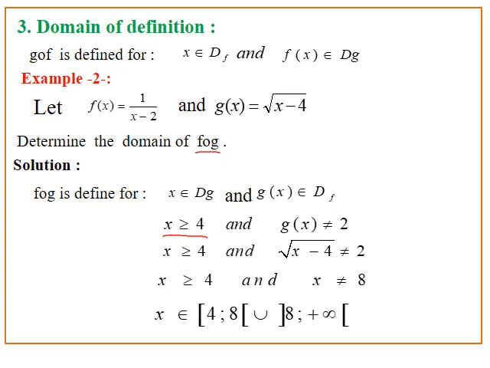Squaring both sides, x is not equal to 8. So its domain of definition is x greater than or equal to 4 and x not equal to 8, then x belongs to [4, 8) union (8, plus infinity).